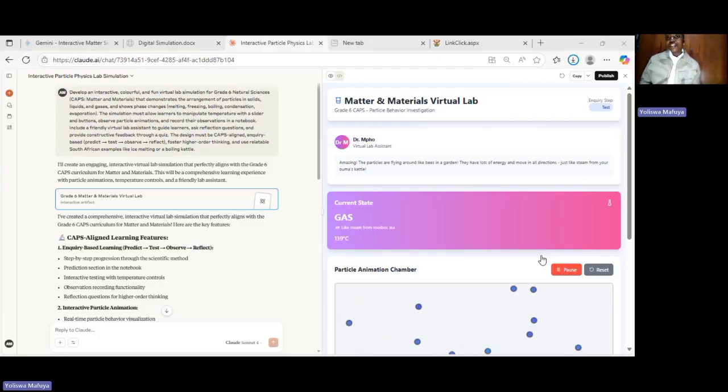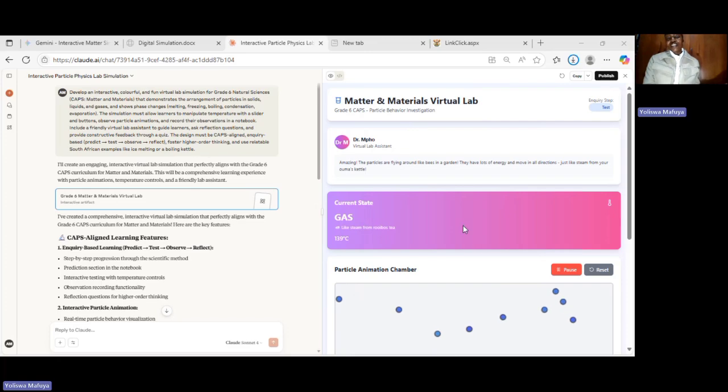Now, this simulation kind of fills that gap, right? Because the simulation that I made acts as a virtual lab where learners can start learning through experiences. This is one of the specific aims of the CAPS document, where we learn science by doing, right?